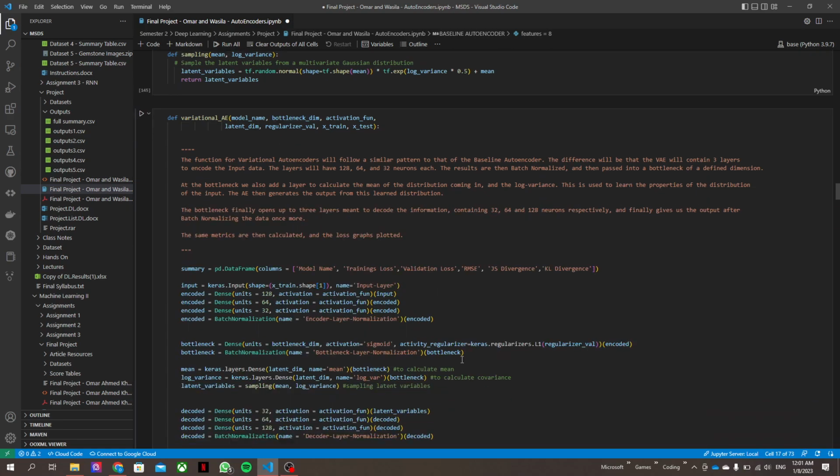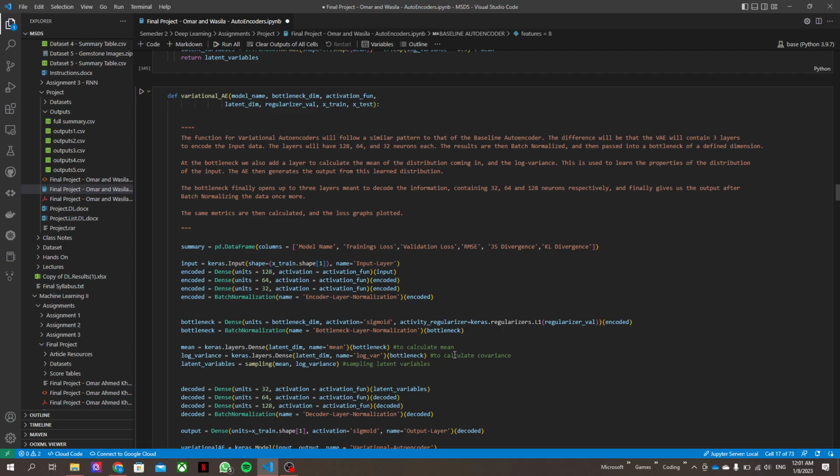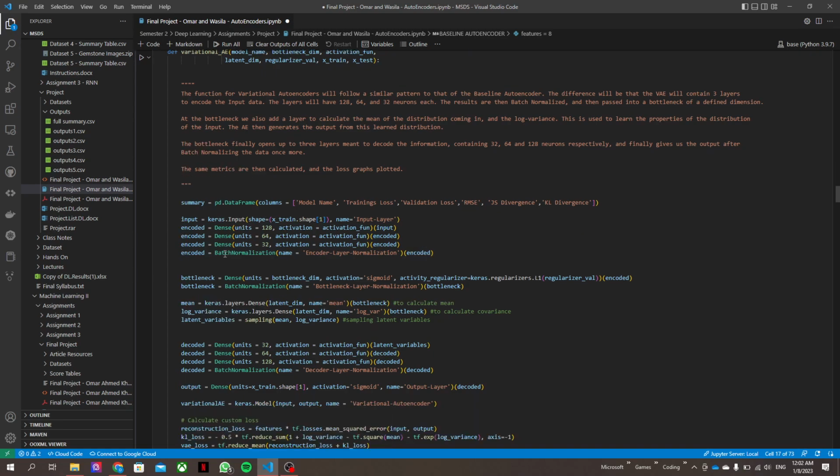The next autoencoder that we coded in was a variational one. Now, variational autoencoders are ones that essentially try to learn the distribution parameters at the bottleneck. So in this case, it's going to be learning exactly what encoded information is coming into the bottleneck. It's going to learn its distribution parameters and then try to generate different outputs based on that. So in this, we can see that there are three layers for encoding the data. The first one having 128 neurons, then 64, and then 32.